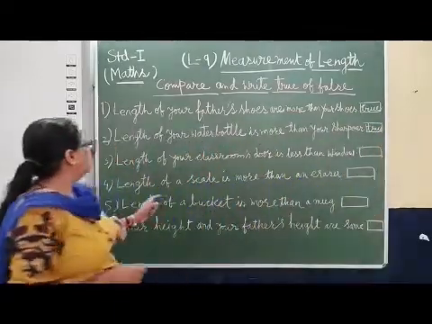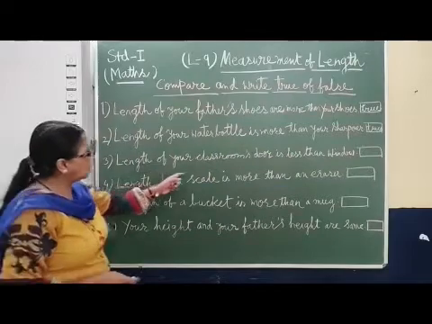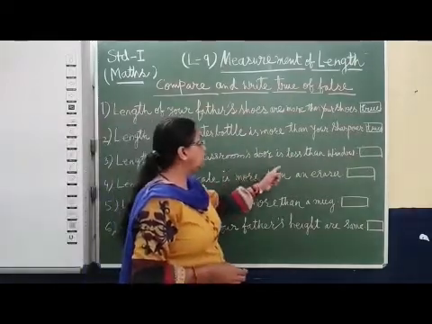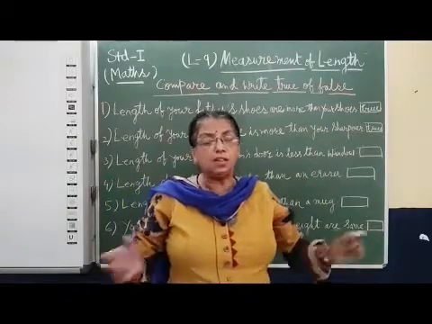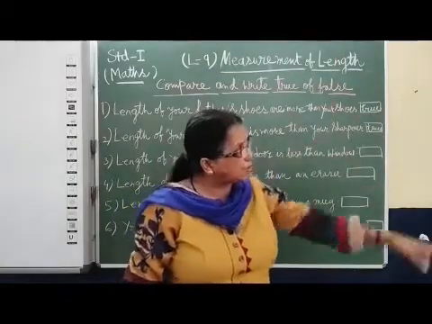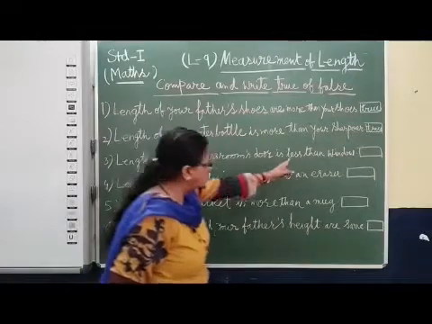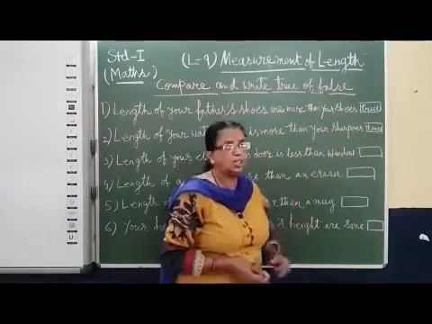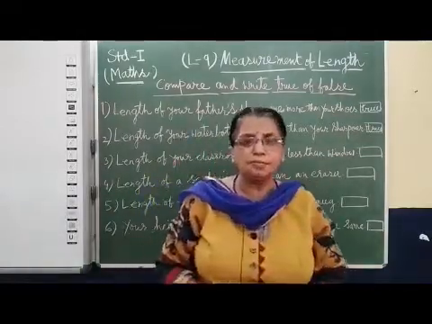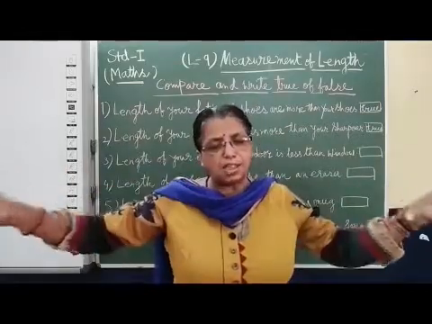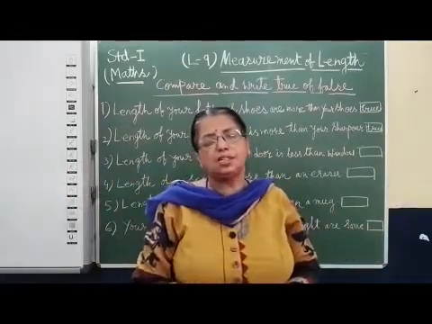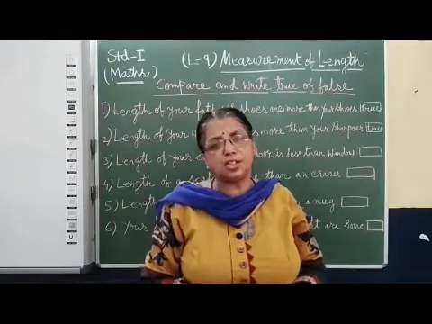Okay. Now, length of your classroom door is less than window. In your classroom, the length of door is, what is written? Less, means smaller than window. Is it possible? If you compare both the things, doors and window, which one is longer, which one is shorter?